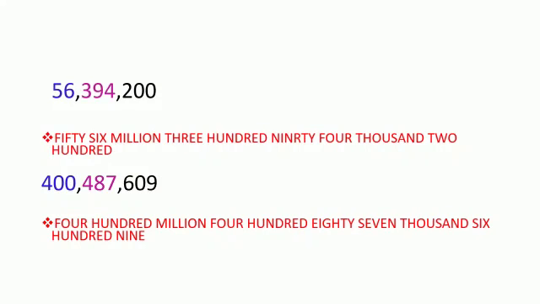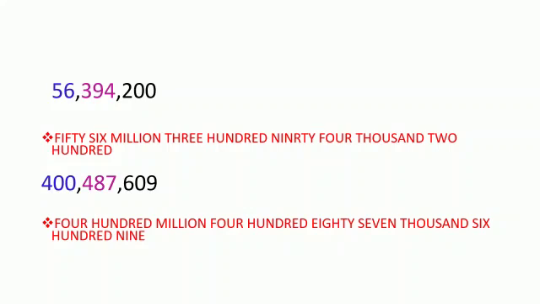The next example is given like this. From the last, that is 200, in ones period. Then before that, 394, in pink color, that is thousand period. Before that, there is 56, that is million period. In million period, there is 56. So 56 million 394,200.